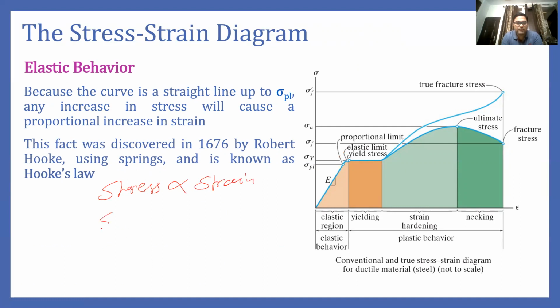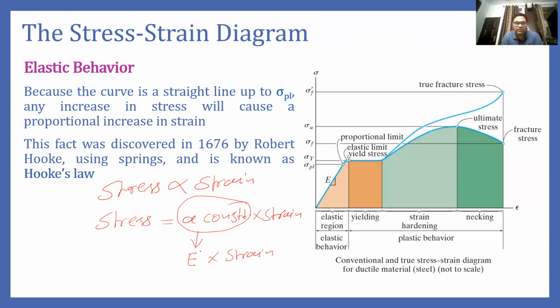Or we can write stress is equal to a constant multiplied by strain. This constant is different for different materials, and it is expressed as E. So E multiplied by strain.